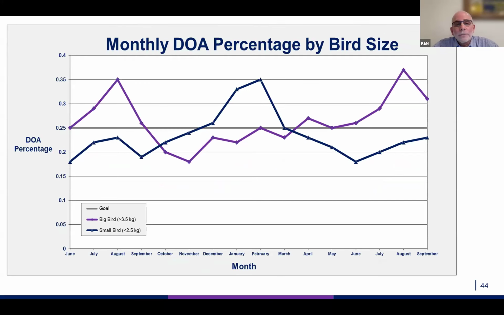But when you superimpose that and you look at different bird sizes, again, this is AgriStats information, what you see is that bird weight, target bird weight actually influences DOAs as well. And so in the hottest months, bigger birds tend to have higher DOA rates. And in the colder months, smaller birds have higher DOA rates.